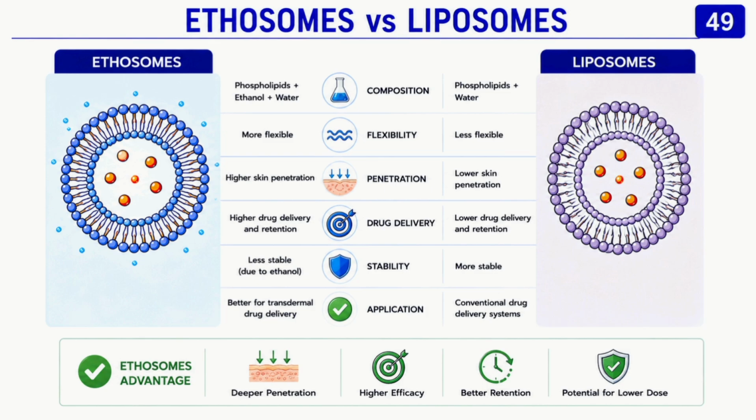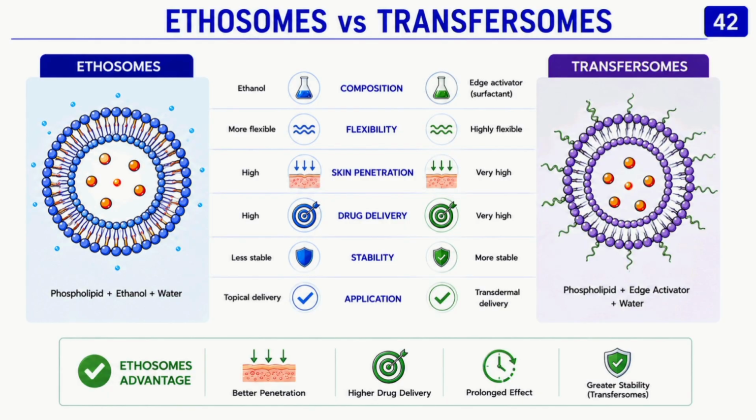The liposomes are excellent versatile drug carriers here, but their penetration into intact skin is often limited here. So ethosomes were specifically developed to overcome some of these limitations, okay? Therefore, for transdermal delivery, ethosomes may offer advantages over conventional liposomes here, right? And ethosomes versus transfersomes.